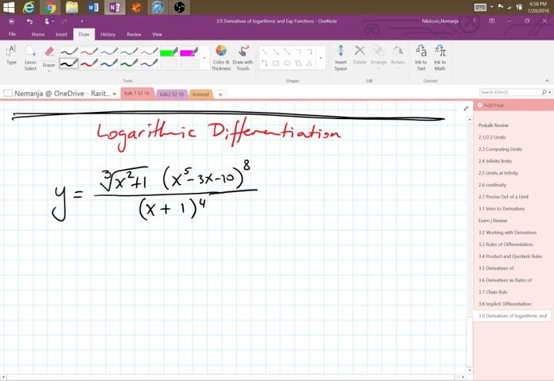So what's the derivative of this thing? I'm just telling you the answer right now, and then we're going to see how it's done. So the derivative of all of this mess is very simple.